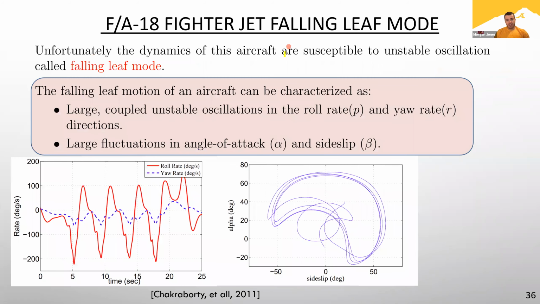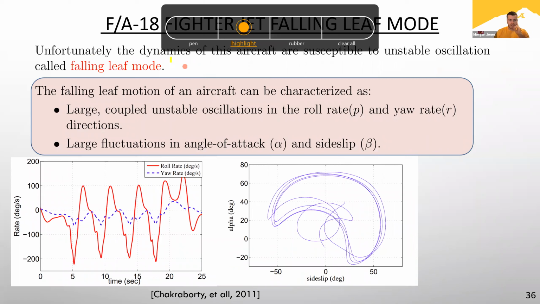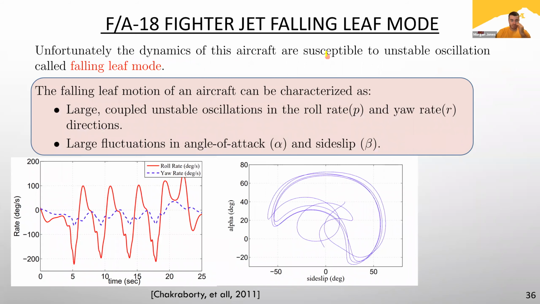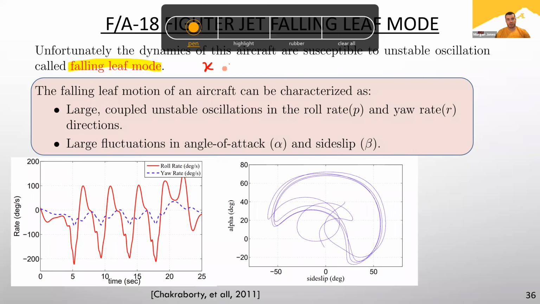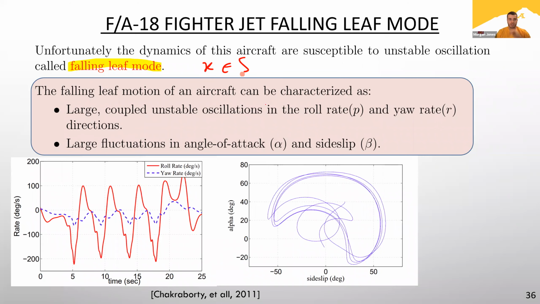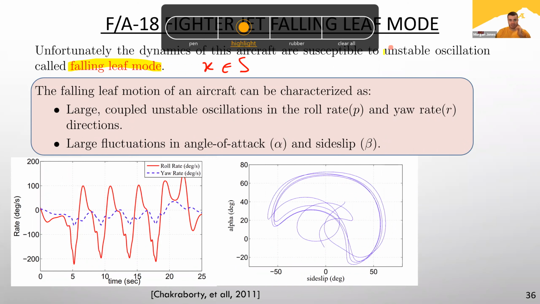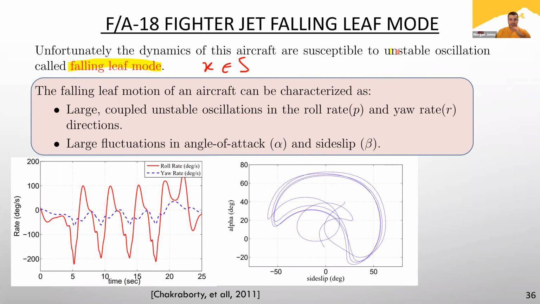So the F-18 fighter jet is infamously susceptible to a mode called fallen leaf mode. When the state enters a certain region, so when x is in some region, we see that the airplane starts to exhibit unstable oscillations where there are large fluctuations, for instance, in the angle of attack and the side slip.